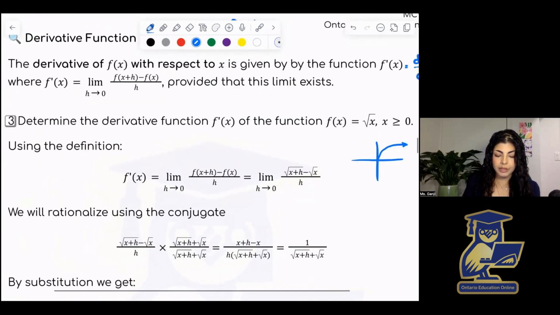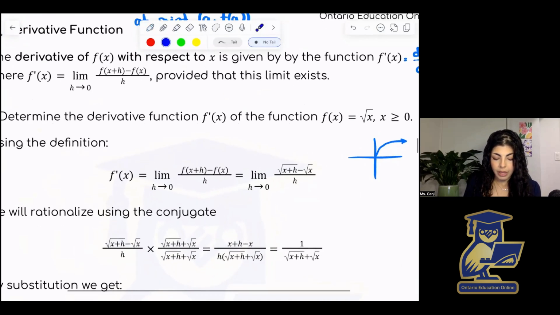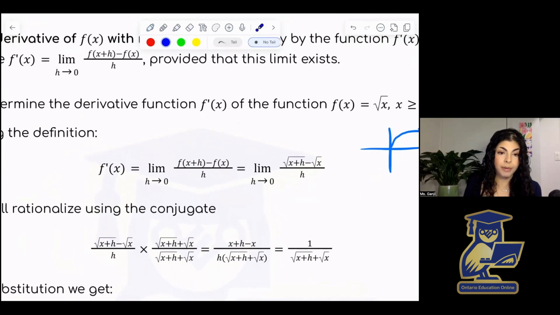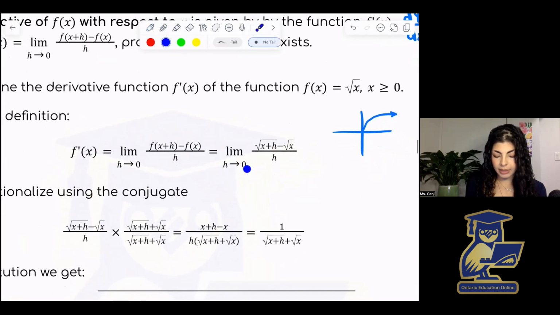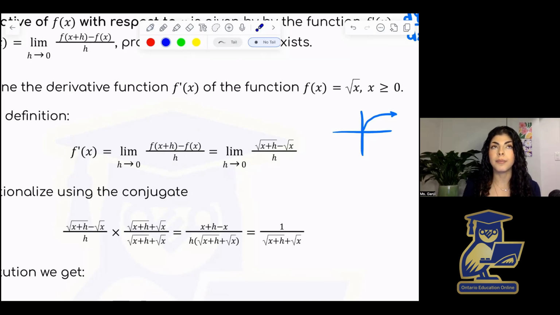So using the definition of the derivative function, we just write f prime of x, that limit, and now substitute our function there. So f of x plus h is now square root of x plus h, and f of x is square root of x. And we can see that h approaching 0 is going to give us a 0 denominator, so we need to get rid of that h somehow.